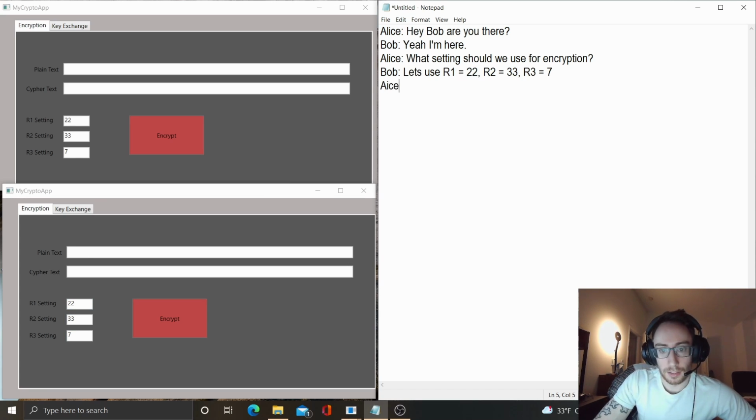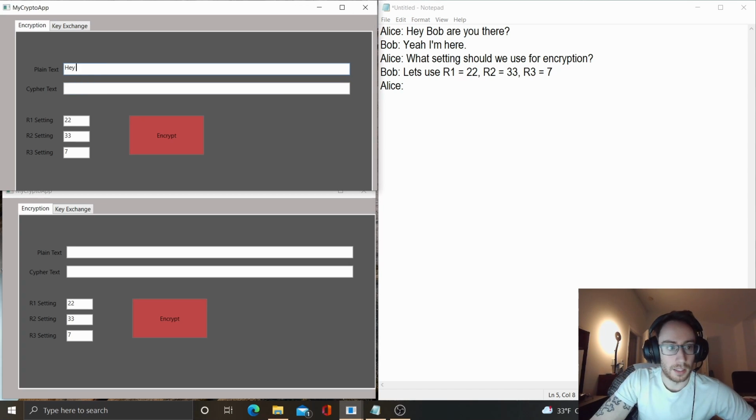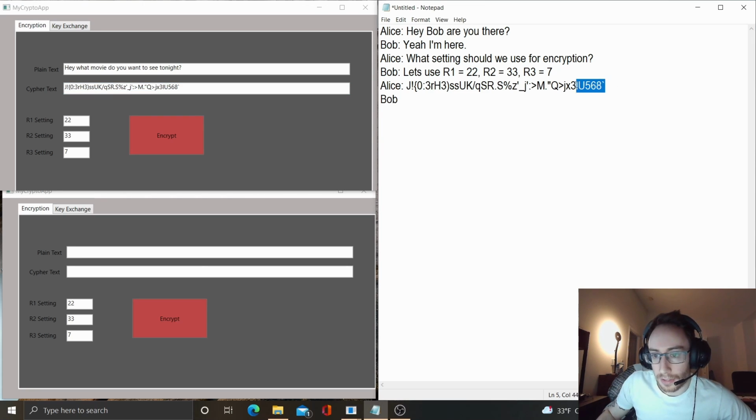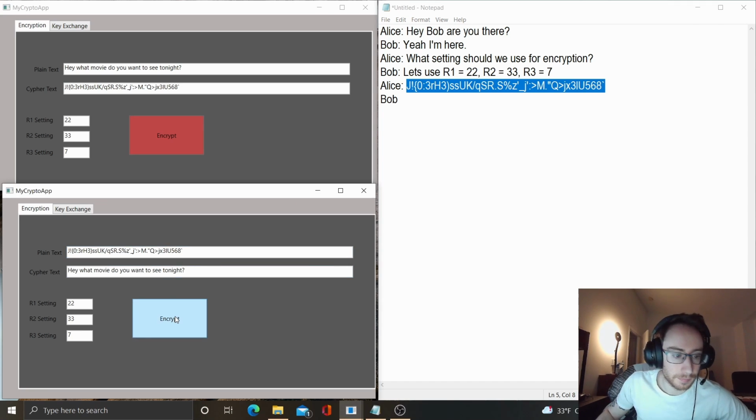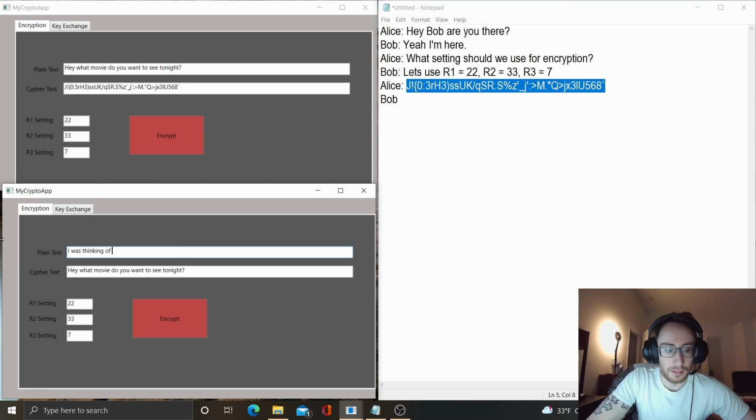So Alice might start off the encrypted conversation by saying something like, hey, what movie do you want to see tonight? And then encrypt that text. This is what Alice will send to Bob. Bob receives this encrypted text and sees the message. He might say, I was thinking of seeing the new Spider-Man, and he'll encrypt that.